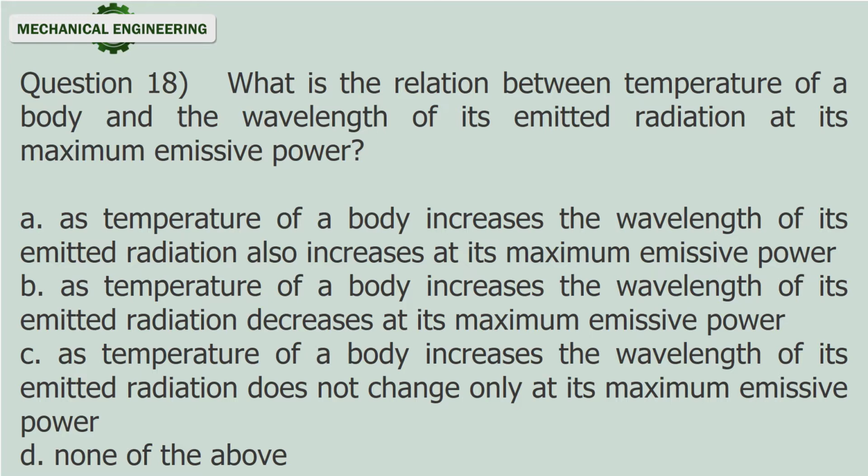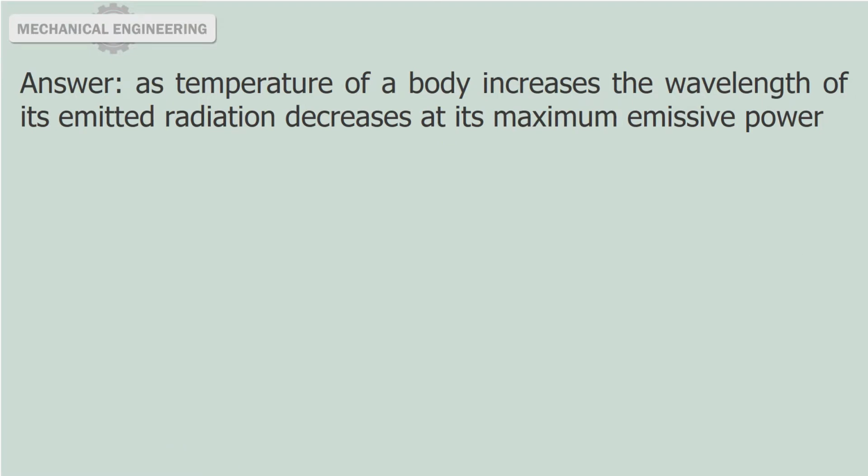C. As temperature of a body increases, the wavelength of its emitted radiation does not change, only at its maximum emissive power. D. None of the above. Answer: as temperature of a body increases, the wavelength of its emitted radiation decreases at its maximum emissive power.